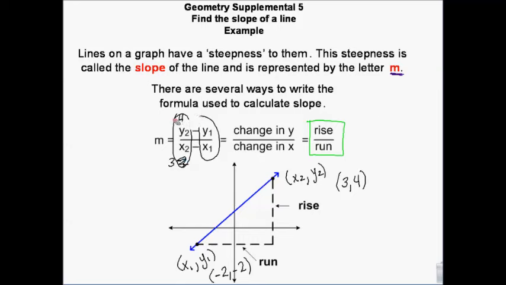Let me erase this so it's not confusing to look at later. Okay, so if we were going to calculate this slope and these were our actual points, I would say 4 minus negative 2 over 3 minus negative 2, because I'm taking this y and x and subtracting this y and x.